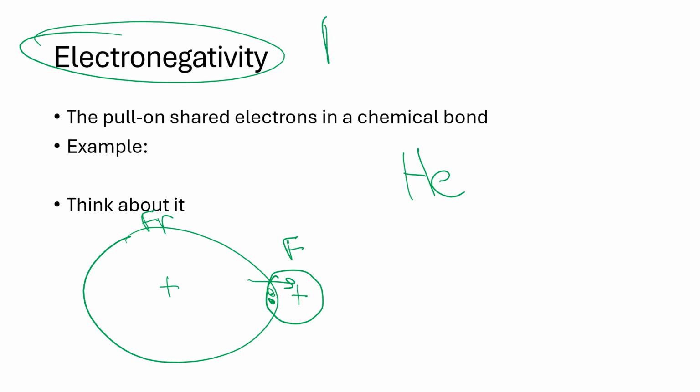But I've been using fluorine equals helium for a reason. Helium already has 2 valence electrons, or neon already has 8 valence electrons. So it's not going to pull any electrons because it doesn't need any more. So helium and neon are going to have the lowest electronegativity because it is already full.